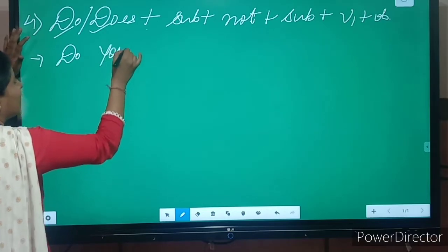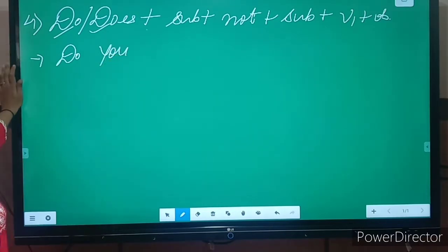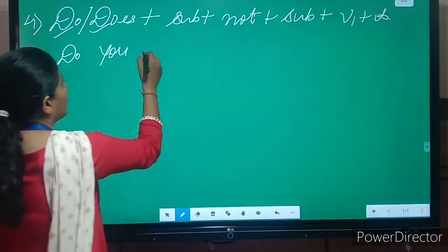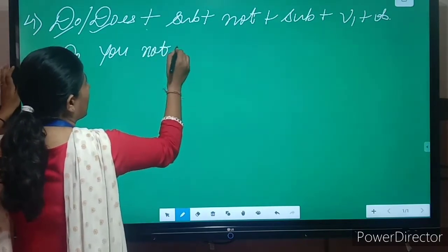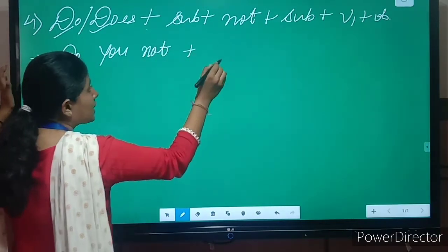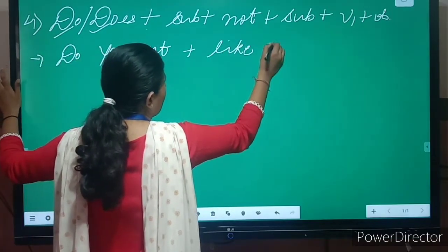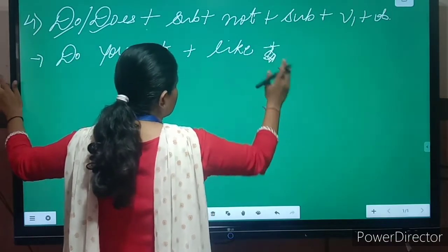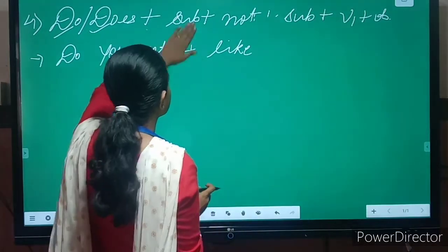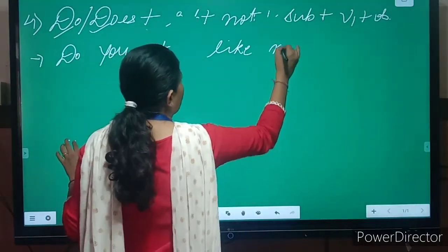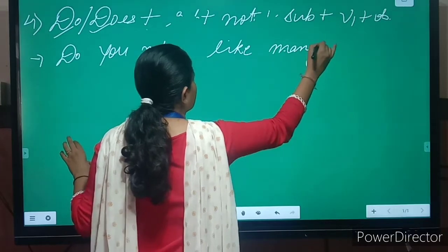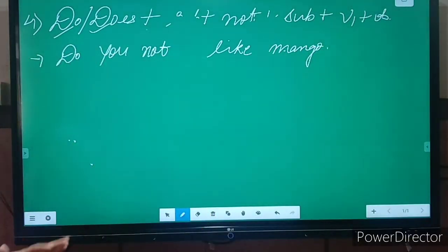I told you in interrogative you have to change I into you. And then not. And then verb's first form, that is like. And then object. What is the object? Mango. So according to this structure you have to complete it.